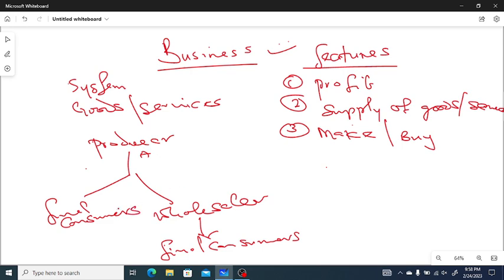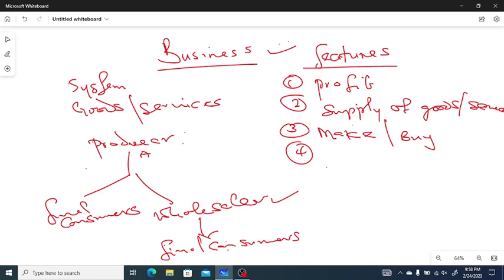So if this producer sells his goods to the final consumer, he is the one that made these goods. If he sells to the wholesaler and the wholesaler now sells to the final consumer, this wholesaler is into the business, but he did not make the goods. He purchased these goods from this producer and resold to the final consumer. That is what this is trying to explain.